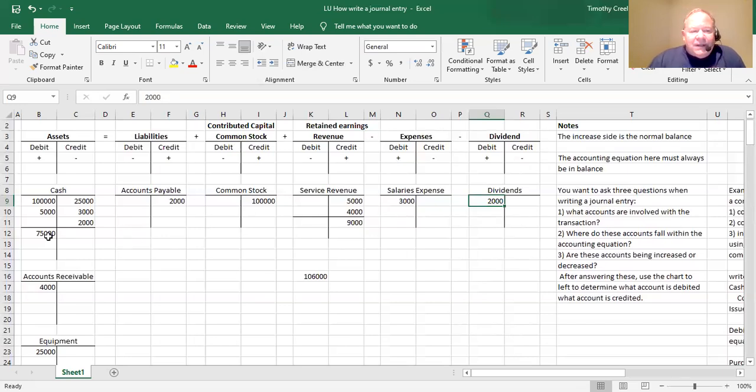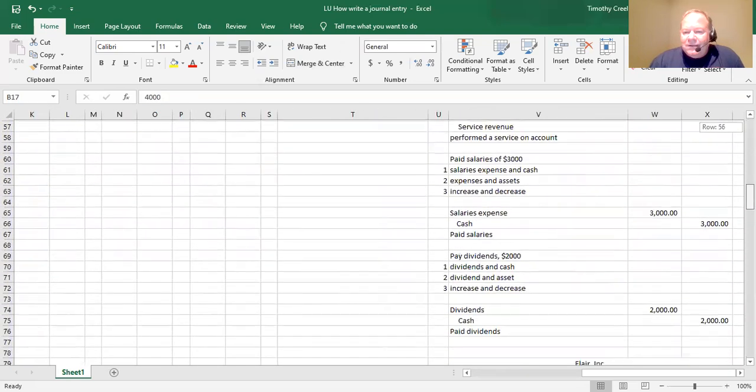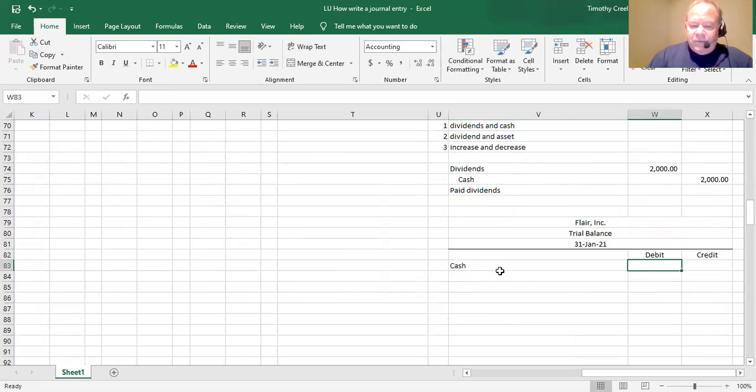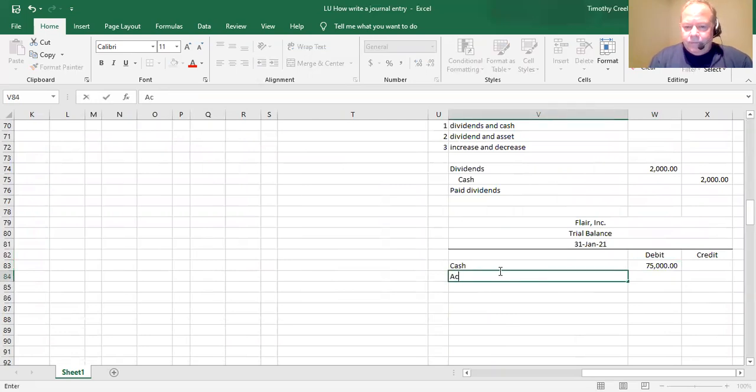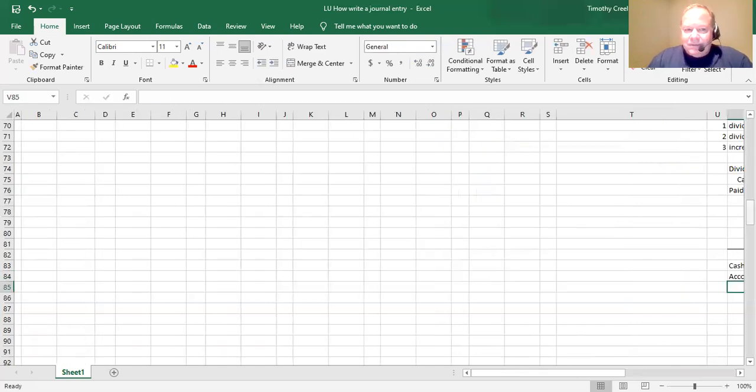So let's start taking some of these balances. Cash is 75 and accounts receivable is 4. So let's just start bringing over some of the balances. Cash would be 75, and accounts receivable would be 4. And now let's go over and get a couple more balances.